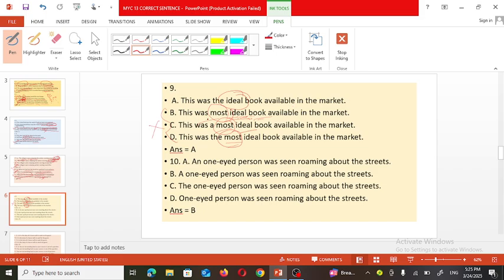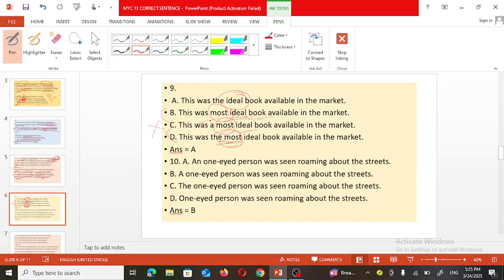This was a most, or the most. So everything is wrong. In different sentences, like she is the most beautiful girl in the class, the article should be there along with the superlative degree.